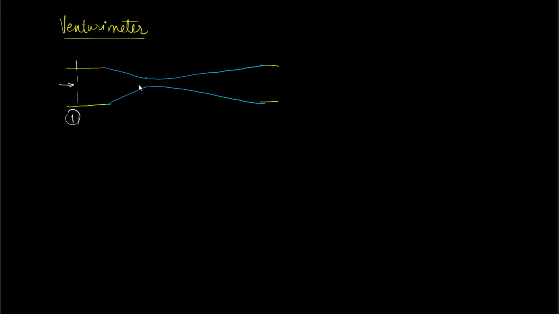Well, rather than saying any 2 points, we'll apply it between a point upstream of the throat and a point at the throat. So the assumptions are still the same. It's incompressible, inviscid, and in this case it's a steady flow as well.